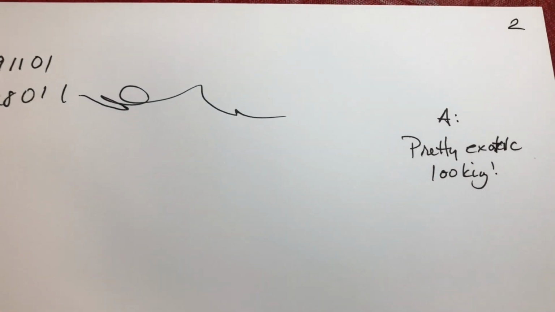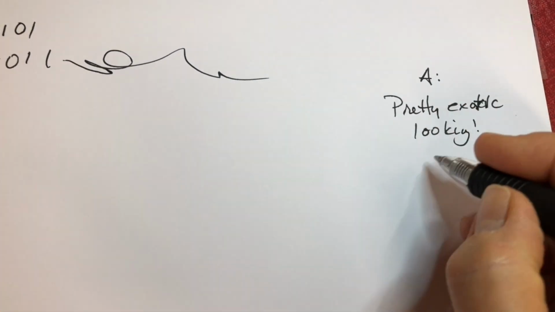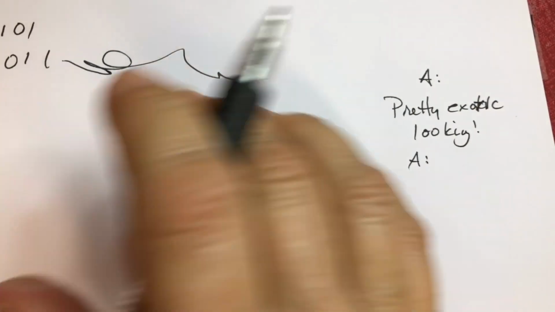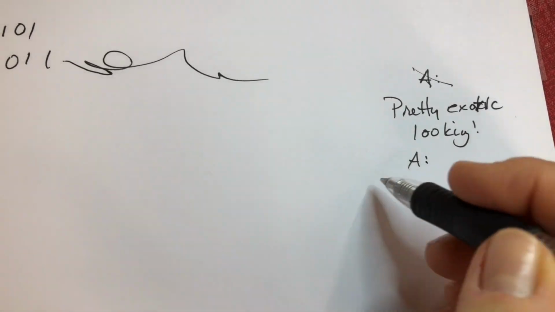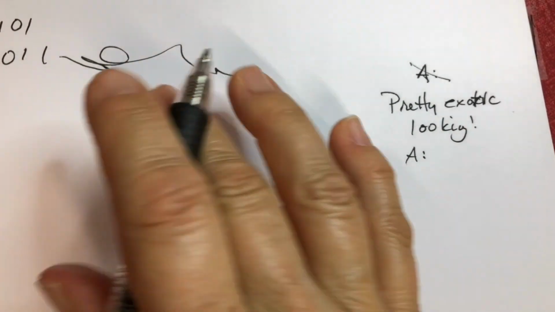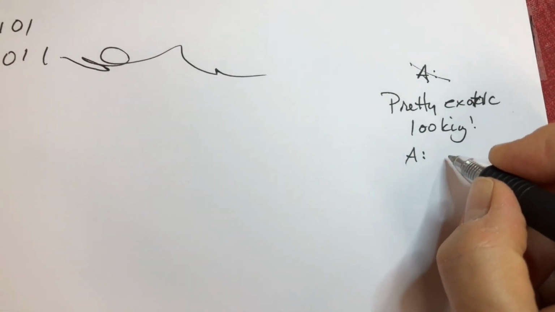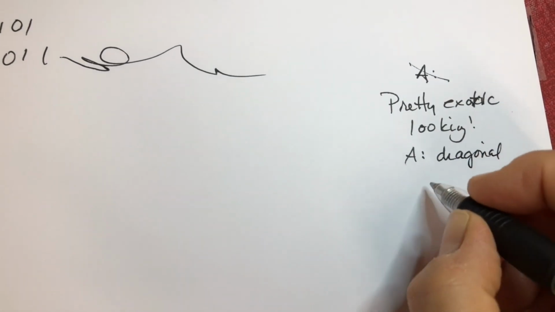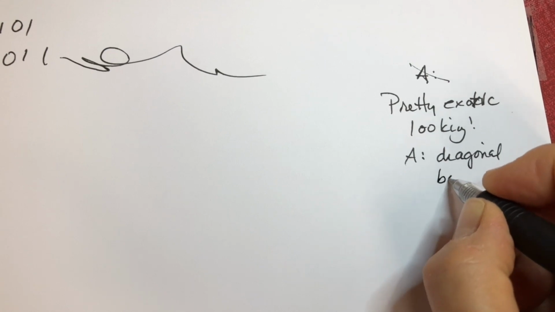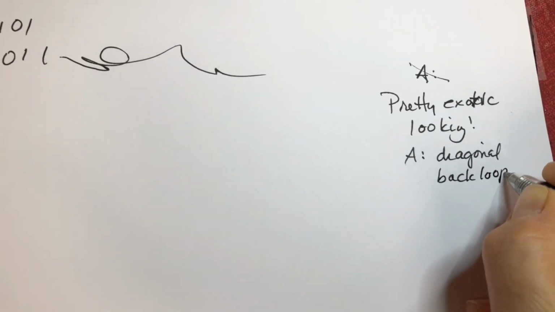Okay, so put A. Now the reason I have this A is because I said something, so I just ended up putting my A down here. So we have diagonal, and then a back loop. I call that a back loop.